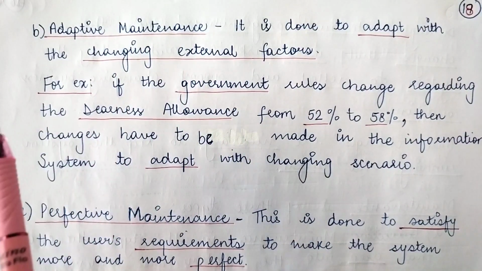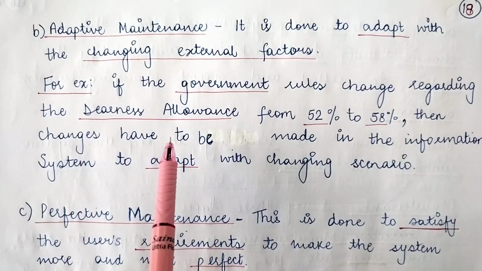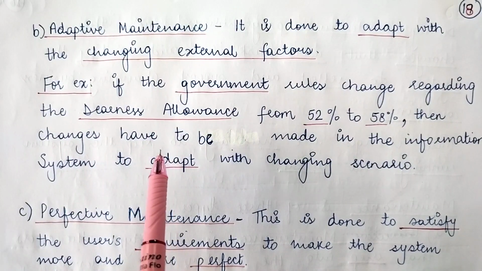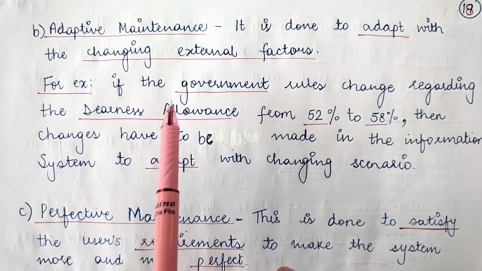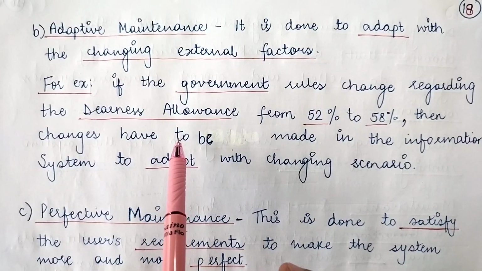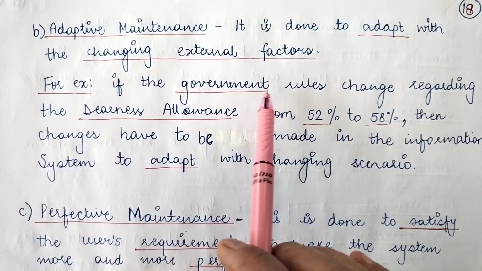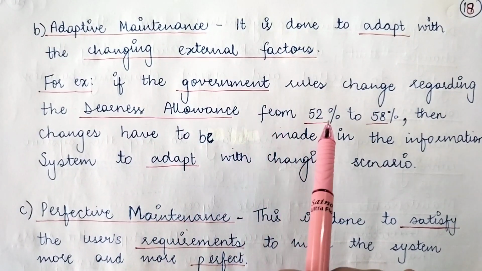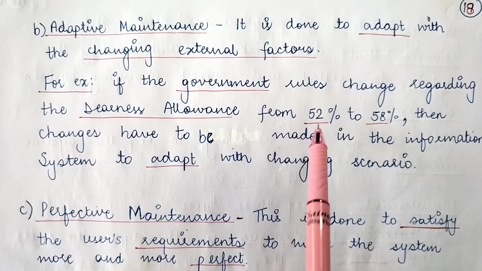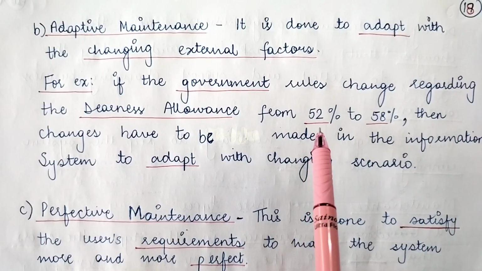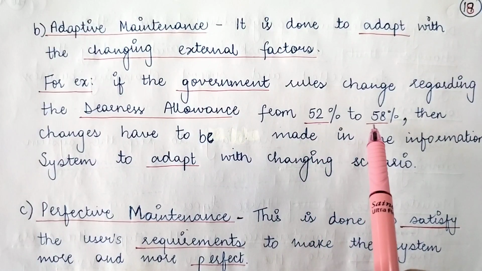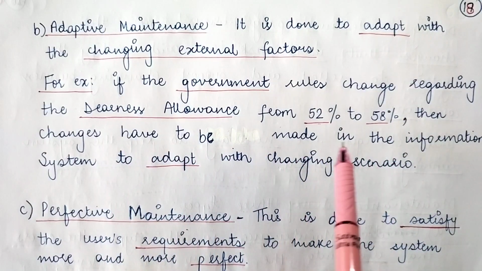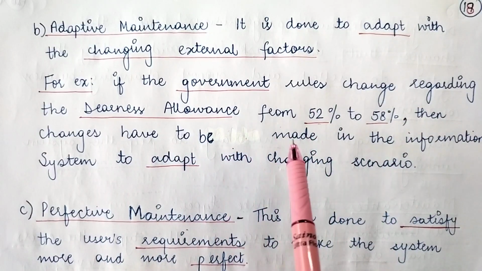As an example of adaptive maintenance, consider a scenario wherein you have an information system that generates the salary of the employees of the organization. They must be getting some DA allowance also. Now if the government changes its rules regarding the DA allowance and says that from now onwards the DA allowance the employees would get will be increased from 52% to 58%, then obviously changes will have to be made in the information system, otherwise it will generate wrong salary.